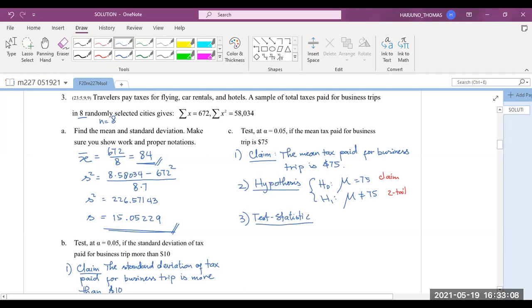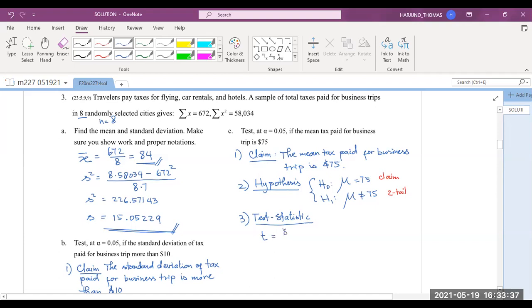I was supposed to say that suppose the taxes paid is normally distributed because the sample size is less than 30, right? I didn't say that there, but the assumption is it is normally distributed. Okay, so test statistic. We don't know the population standard deviation for taxes paid, so we will use the sample standard deviation. The test statistic becomes T.